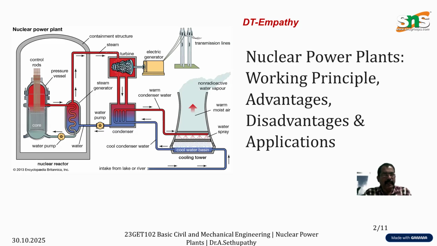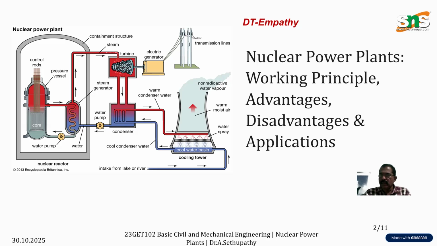So this is the main working principle of the nuclear power plant. The schematic diagram shows how the steam will be converted, how the steam will be sent to the turbine, and how the turbine is connected to the electric generator.